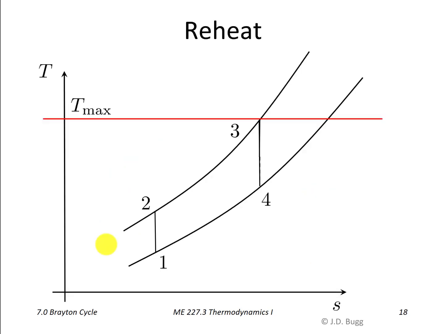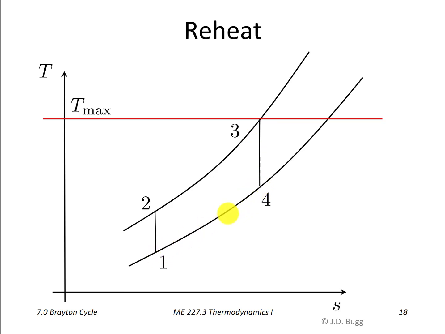Next, we want to talk about the concept of reheat. So notice up to this point, we've only had the 4 basic components in this air standard Brayton cycle: compressor, combustion chamber, turbine, and then the second fictitious heat exchanger to close the loop.